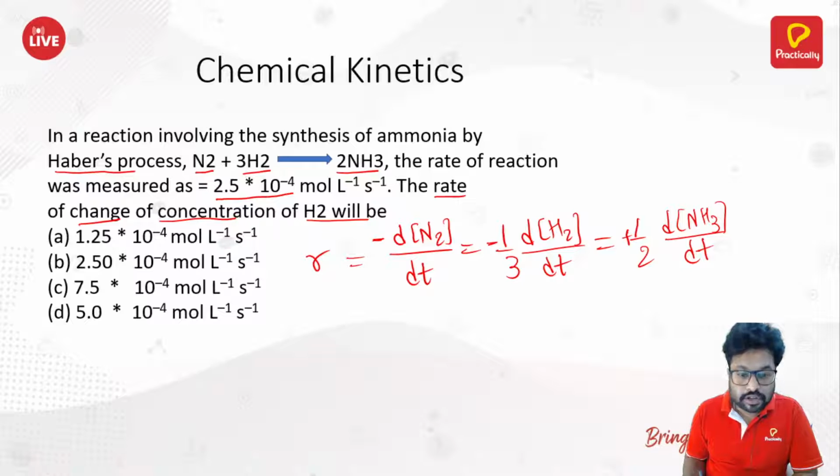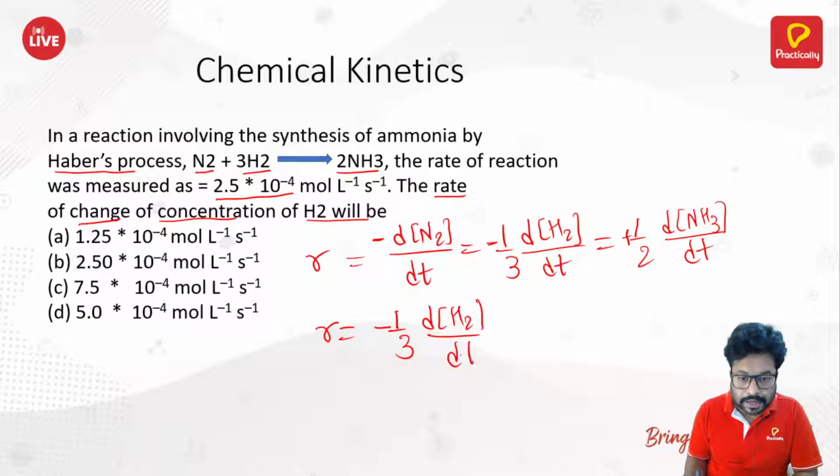That will be equal to R equals minus 1 by 3 d of H2 divided by dt. R is given to you. R is 2.5 into 10 raised to minus 4, equal to minus 1 by 3 d of H2 dt.